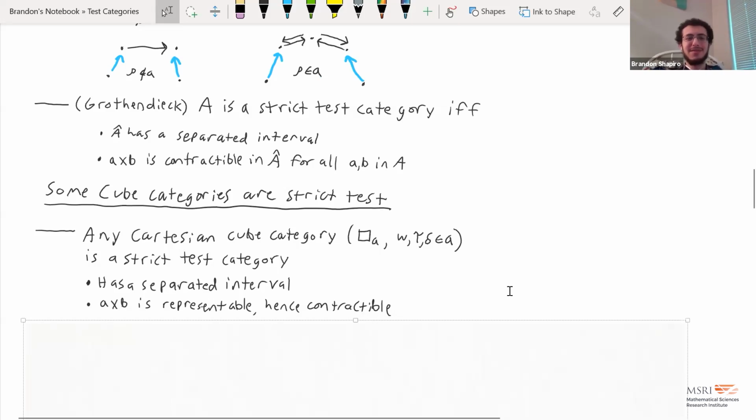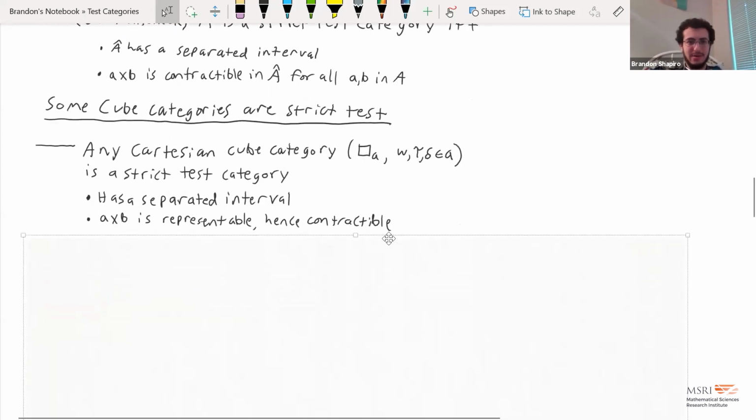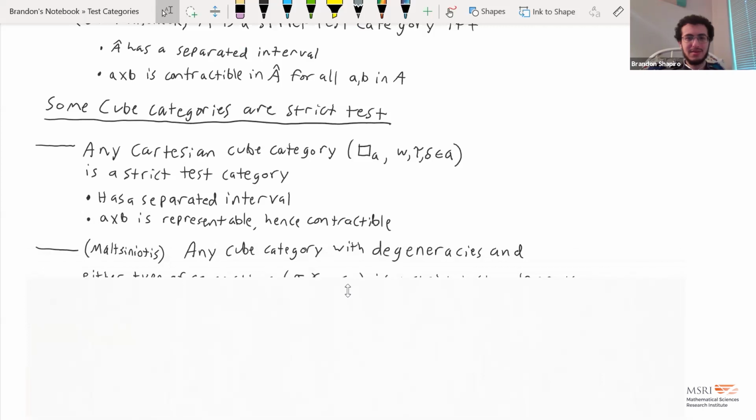So the product of representables is also representable, and all representables are contractible. So right off the bat, we have a bunch of strict test categories arising from cubes. Now, I want to do something a little bit stronger though.